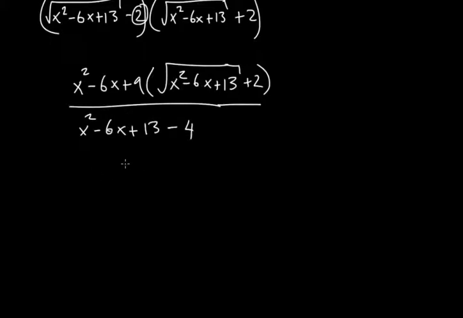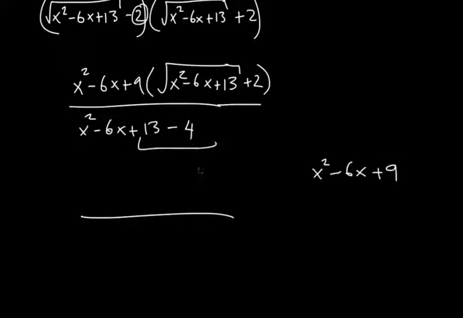Now, the bottom is already easy to simplify because I've got a 13 and a minus 4 there, so I can just write the bottom again. 13 minus 4 is 9. So in the bottom, I'm going to have this plus 9, right? Because 13 minus 4 is 9. Before I say more, let's look at what we have on top.